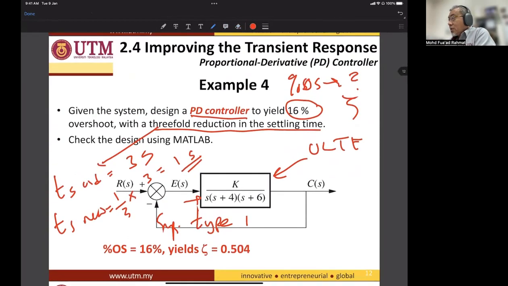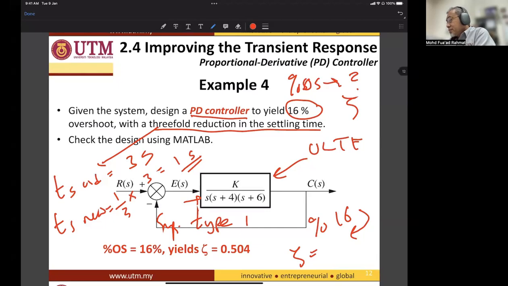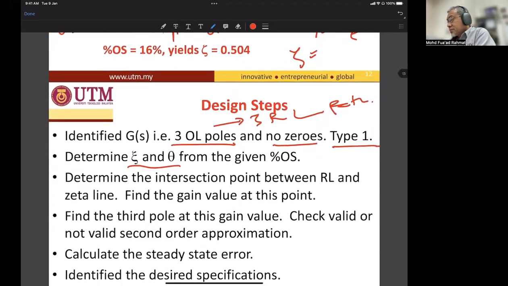So zeta is 16% overshoot. What is the corresponding value of zeta? Nur Aina Wahida? Yes, doctor.